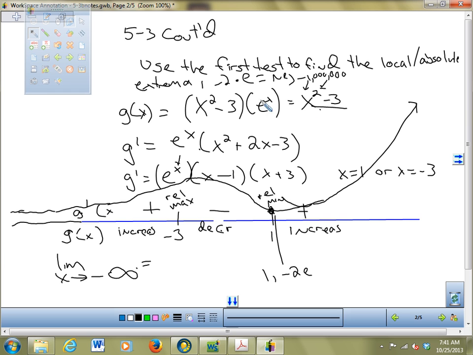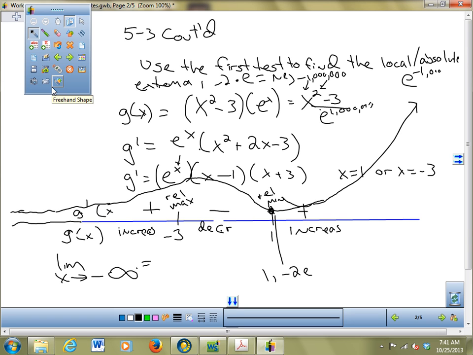Down here, it's like e to the 1 million. Raising something to the millionth power is a lot bigger than a million squared, and so the bottom is going to way outweigh the top. Something to a negative power, e to the negative 1 million, is the same thing. So that's kind of a tricky analytical thing.